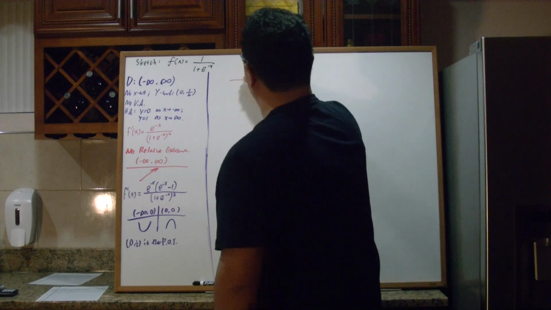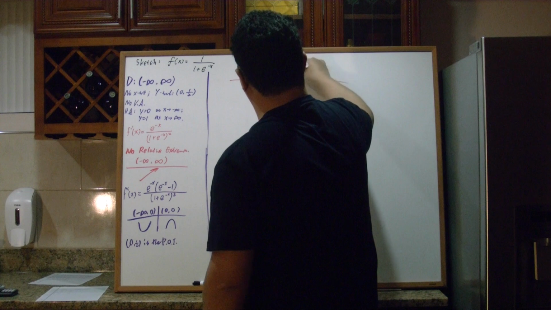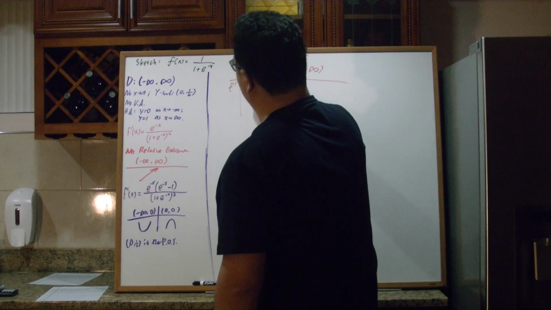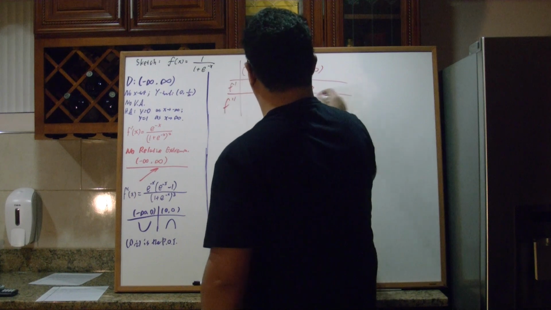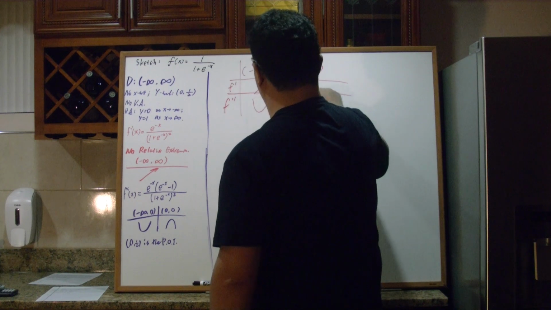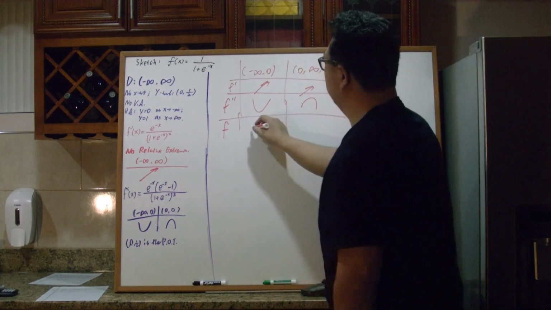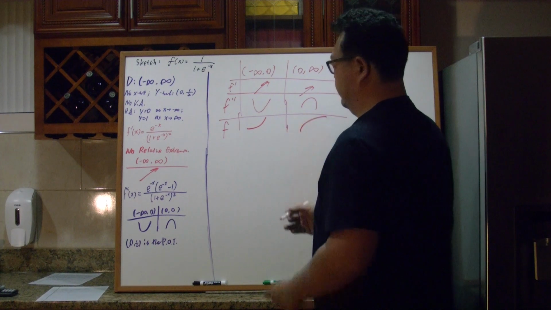So we are able to find the interval and the shape of the function: f prime looks like it increases all the way, and the double prime sets the function as concave up and concave down. Then at the end our function will be increasing and concave up, and increasing and concave down.